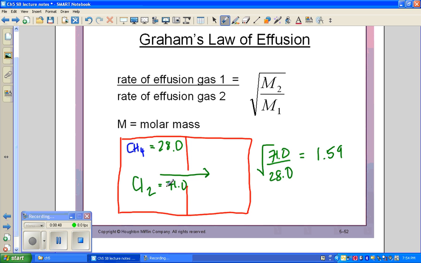Now, we're really not going to get into all these technical numbers here, but if you wanted both of these gases to get to a certain point at the same time, you would have to release the chlorine gas first because it's much slower. This is like a semi sitting at a stoplight versus a little sports car at a stoplight. Can they both get to the same point at a point in time?